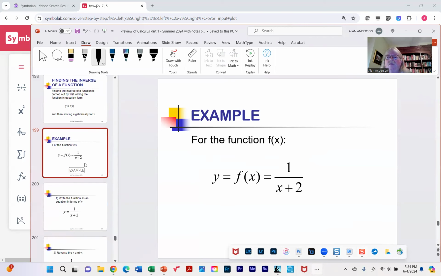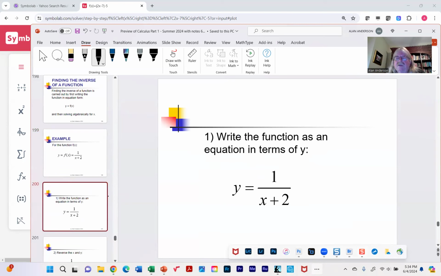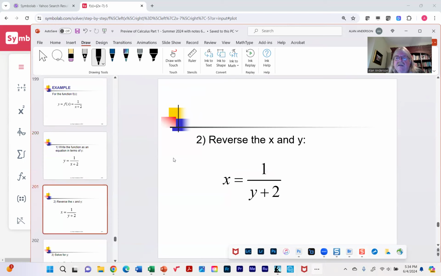Here's one way to do this. You start by writing it as y equals 1 over x plus 2. It's just easier if we call it y. Now, here's the wacky part, the part you might not have expected. What we're going to do is reverse the variables.